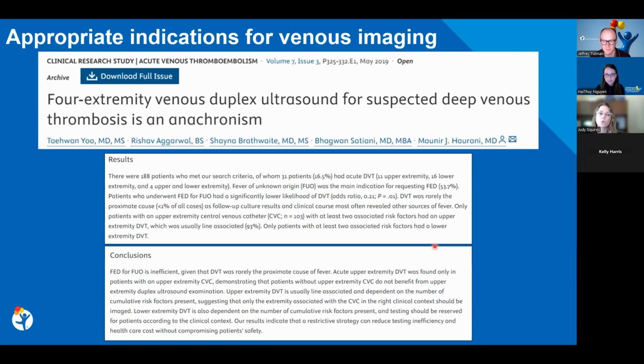And these are always portable studies up in the PICU or wherever, and it is not great for the sonographers to be contorting their bodies to scan these patients. So this is one of those things I felt really strongly about: when it's indicated, yes, we're happy to help look at one extremity or whatever, but we're not going to do a whole body DVT.